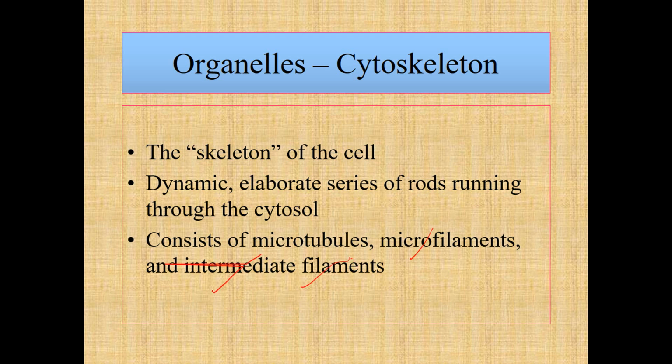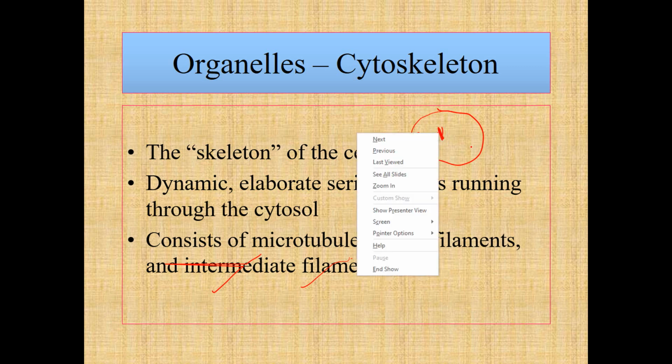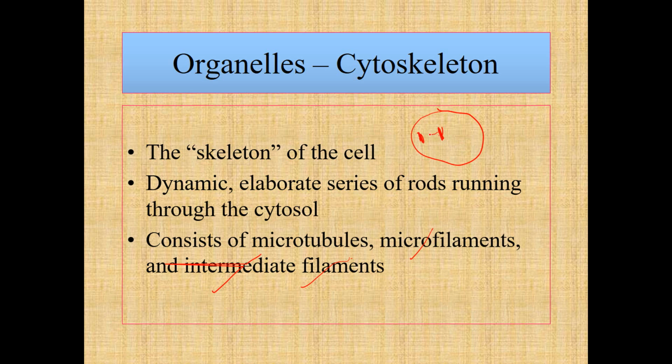What I want you to understand about the cytoskeleton, one of its functions: let's say here's our cell, here's the rough ER, and here's the Golgi. How does that vesicle know to get from the rough ER to the Golgi?